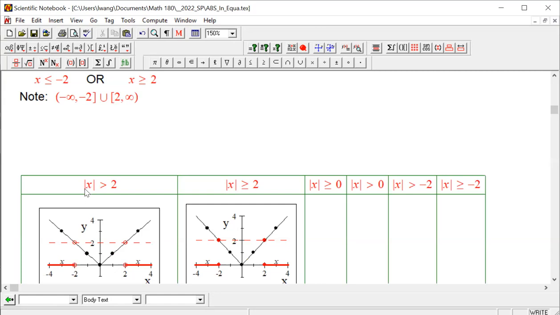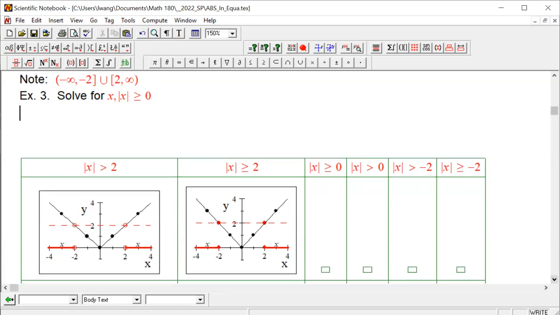So we did the first case and second case. Let's look at the third case, example number 3. We have an inequality: solve for x, where the absolute value of x is at least 0, greater than or equal to 0.